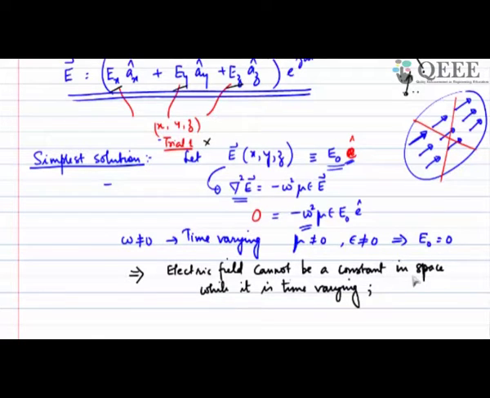It has to satisfy the Maxwell's equations, so it cannot be a constant in space. There has to be some space variation. I do not know what that variation is yet, but there is some space variation. It is varying with space.